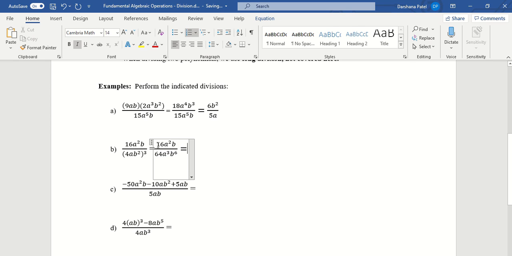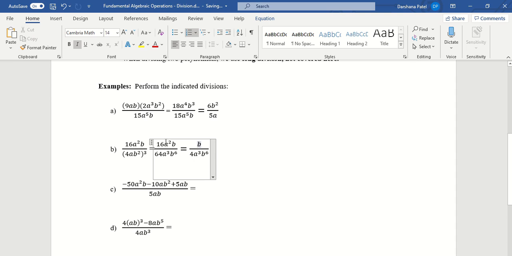Now reduce both by 16 first to start with coefficients. 16 divided by 64 will give us 1 divided by 4. Okay. 1 we don't write because anything multiplied or divided by 1 will be that number. A square divided by a cubed will give us, using exponent rules, a to the exponent 2 minus 3, which is a to the power of negative 1. Bring it to the denominator, becomes a to the 1.